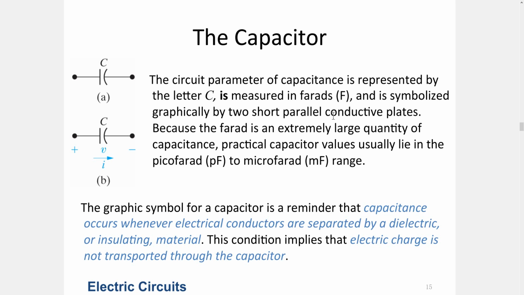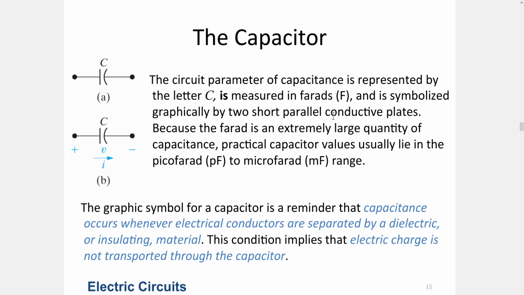The graphic symbol is a reminder that capacitance occurs when electrical conductors are separated by a dielectric or insulating material. There are situations where you obtain unintended capacitances out of your physical circuit design.